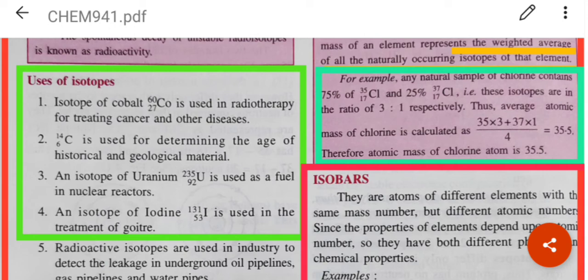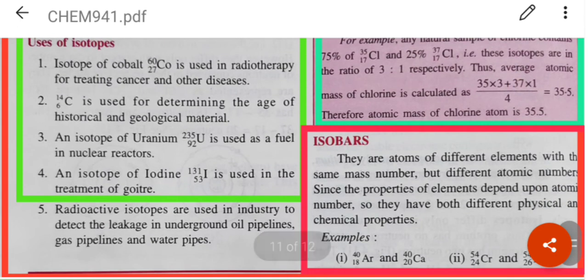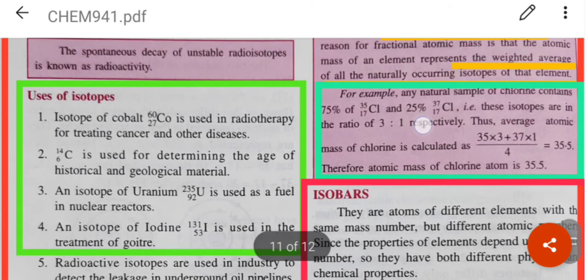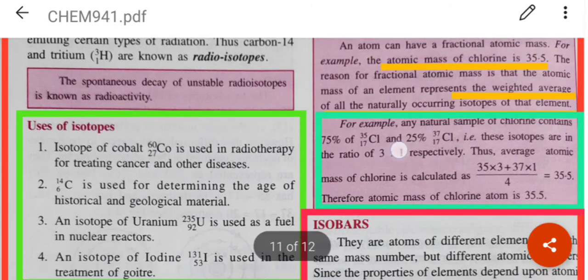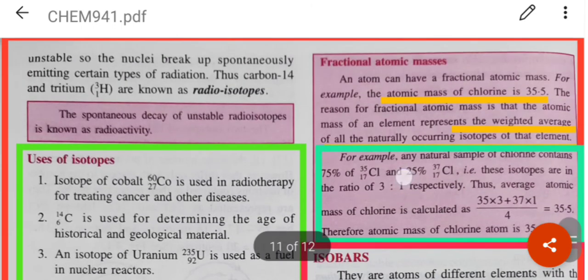Why? Because the ratio is 3:1, that is, 75% to 25%. Divided by 4, it comes out to be 35.5. This is the explanation behind the fractional atomic mass of chlorine, because the average of the atomic masses of the two isotopes of chlorine has been taken.